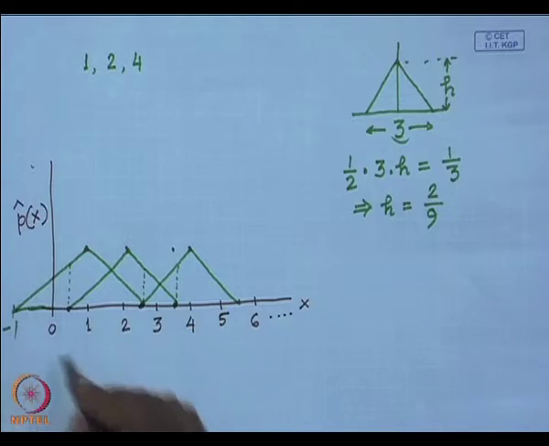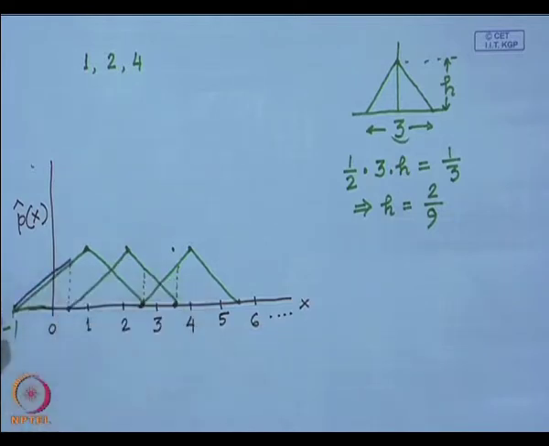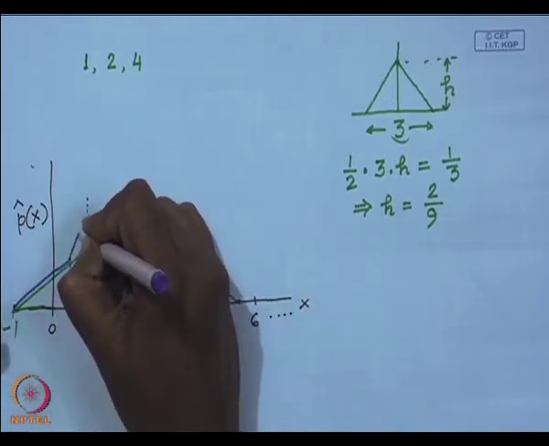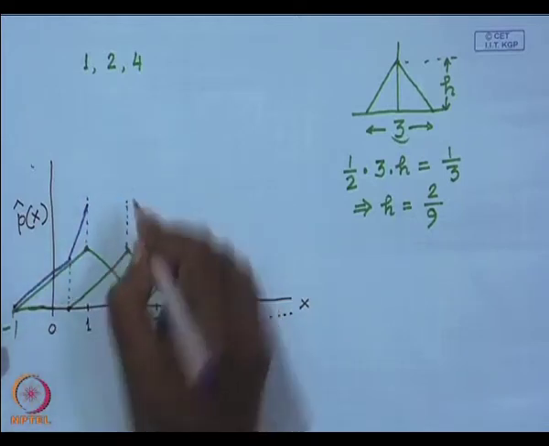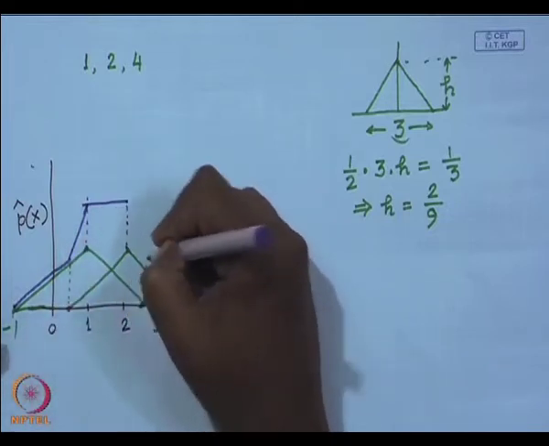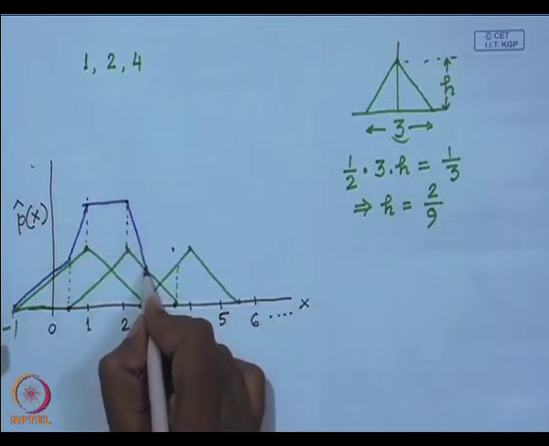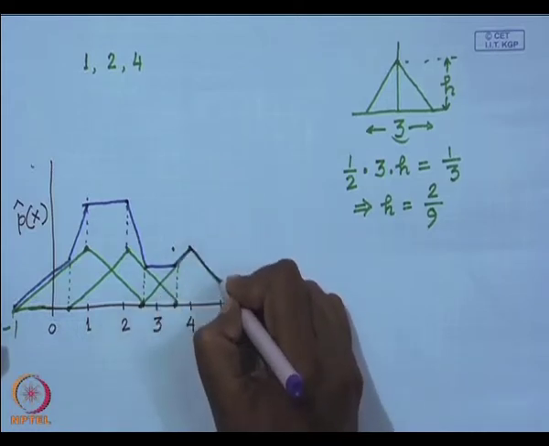So, from here to here it is a single window, then it will be like this, then constant, then again like this, then constant again, then it will follow a single window like this.